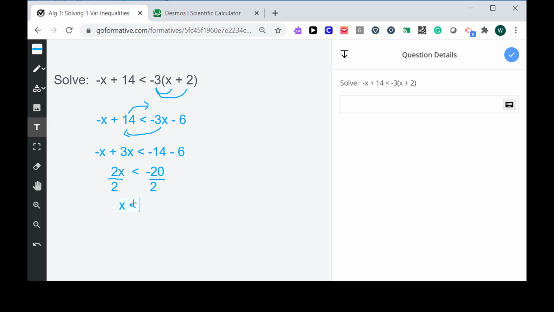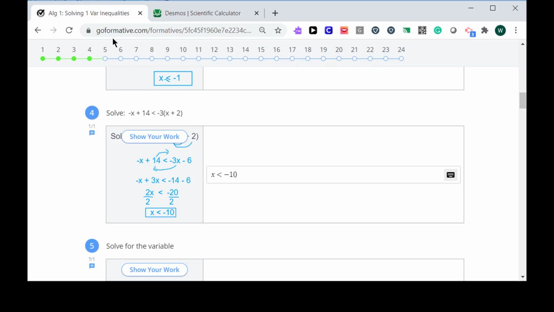And negative 20 divided by 2 will be negative 10. So there we go. Our answer will be x less than negative 10. Go ahead and click the check mark, and we got a green light.